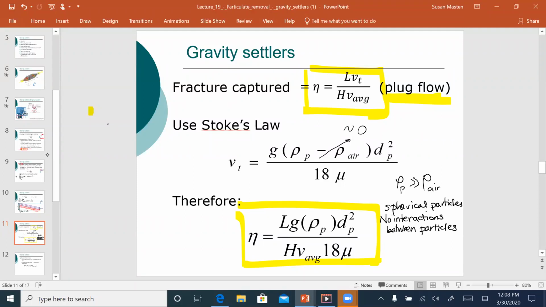And then we will assume uniform distribution of particles across the inlet. So those are the basic assumptions, and then we can use this to calculate the percent removal.